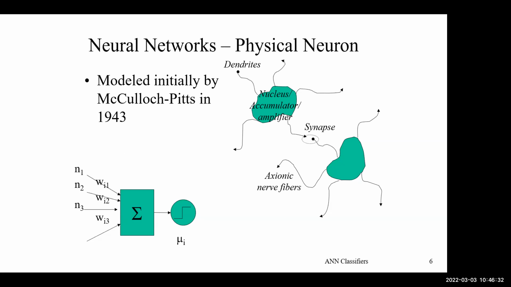And you've probably seen this model in your biology classes: there's a nucleus, the center of your brain cell, and all these little dendrites coming out. Some of them are receiving input from neighboring neurons, and then they're sending stuff out to other neurons.